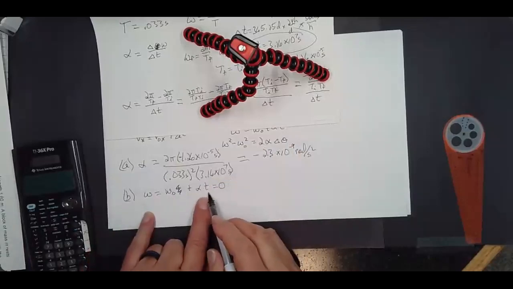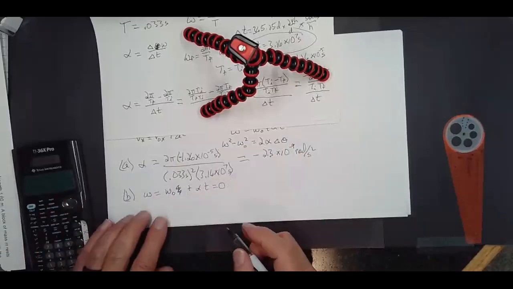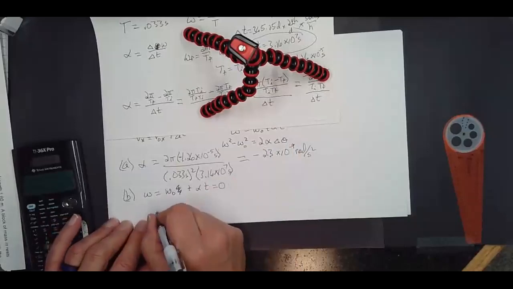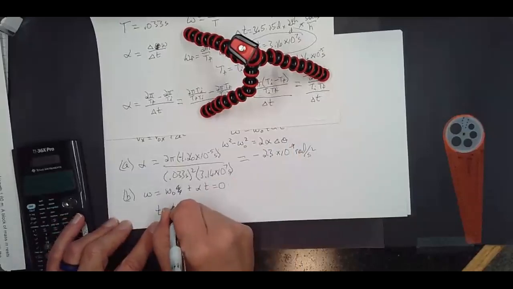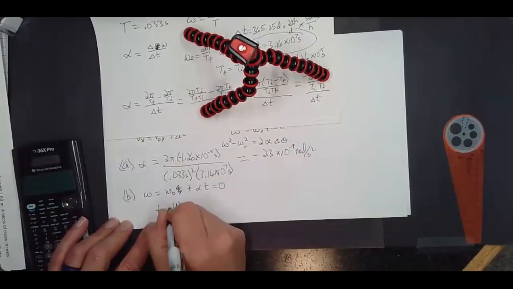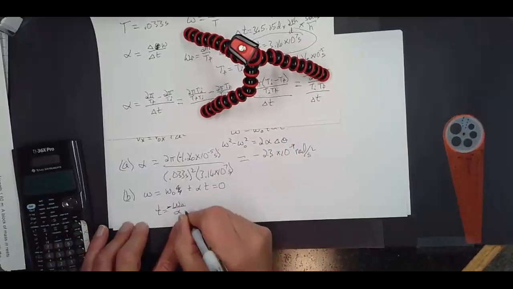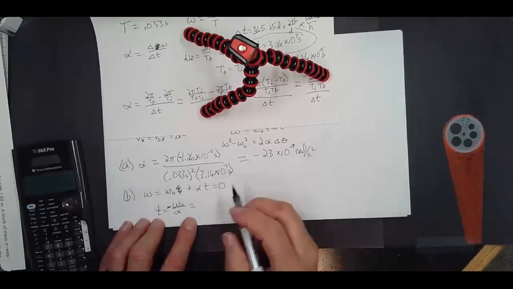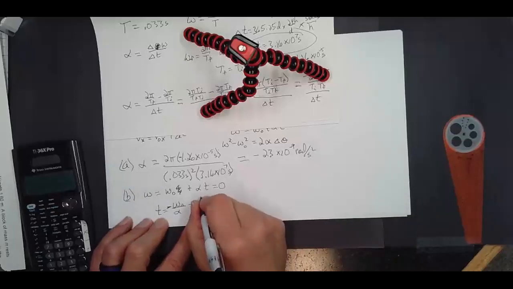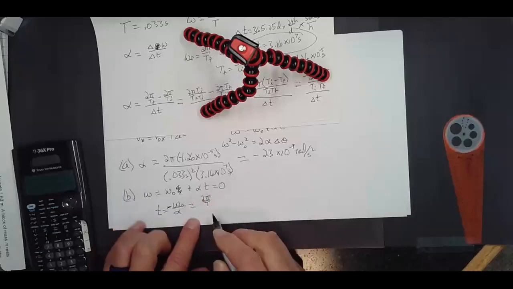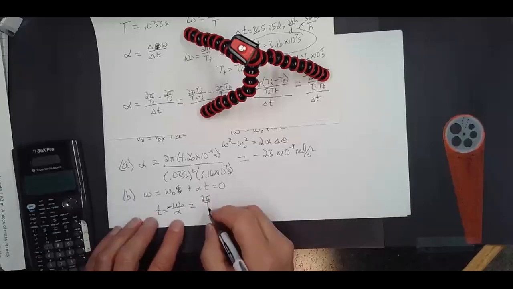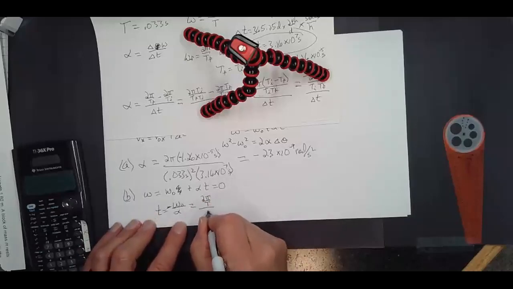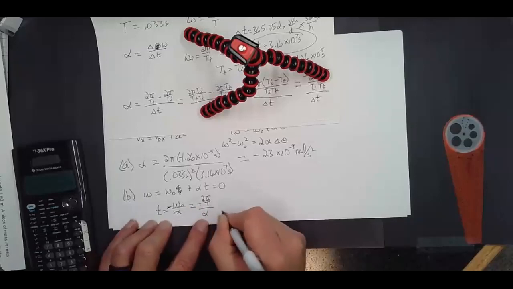And I can figure out the time for this, and then I'll have to do some work to convert it into years, but t will equal just omega naught divided by alpha, or minus omega naught divided by alpha, but alpha is negative. Anyway, omega naught is 2 pi divided by the period, and then I divide that by alpha with the minus sign.